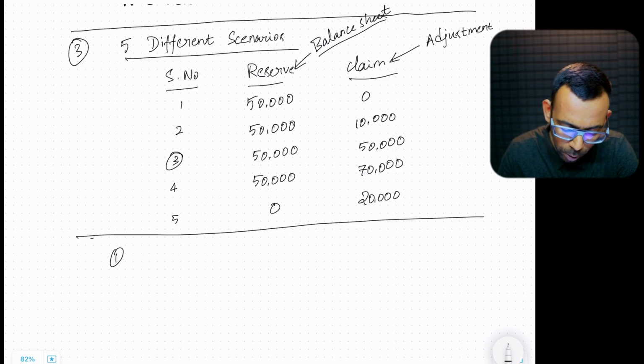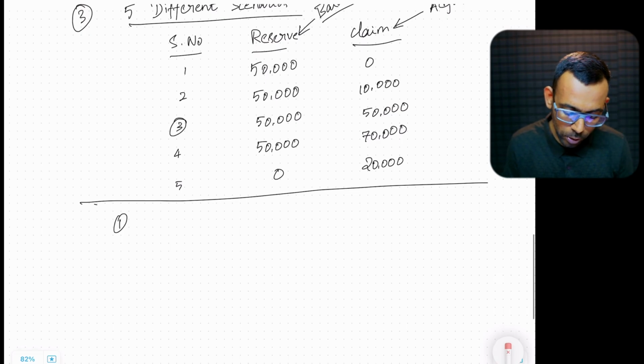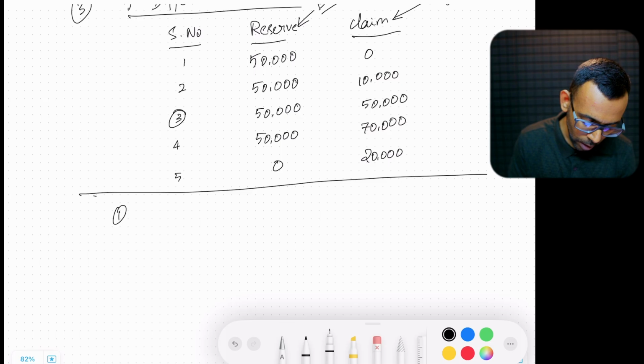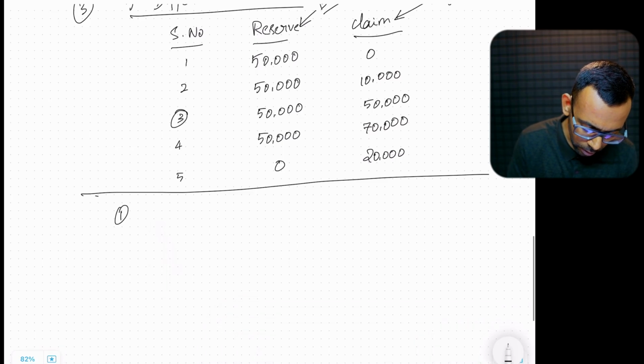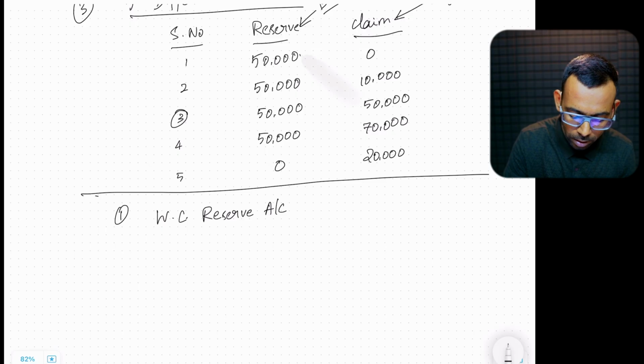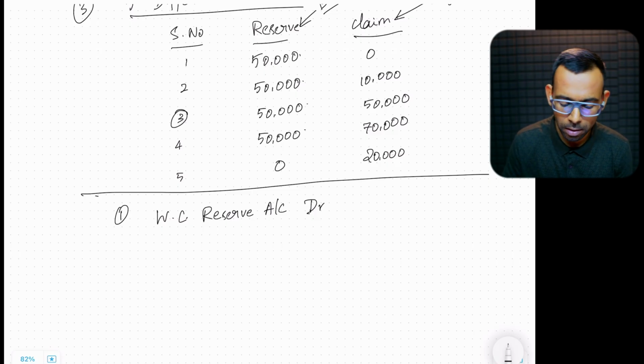an amount of 50,000 in the reserve, what you have to do? The first thing you have to do when you see such an entry is debit workman compensation reserve account. Every time you see a reserve amount in the balance sheet, the journal entry has to be workman compensation reserve account debit, standard.